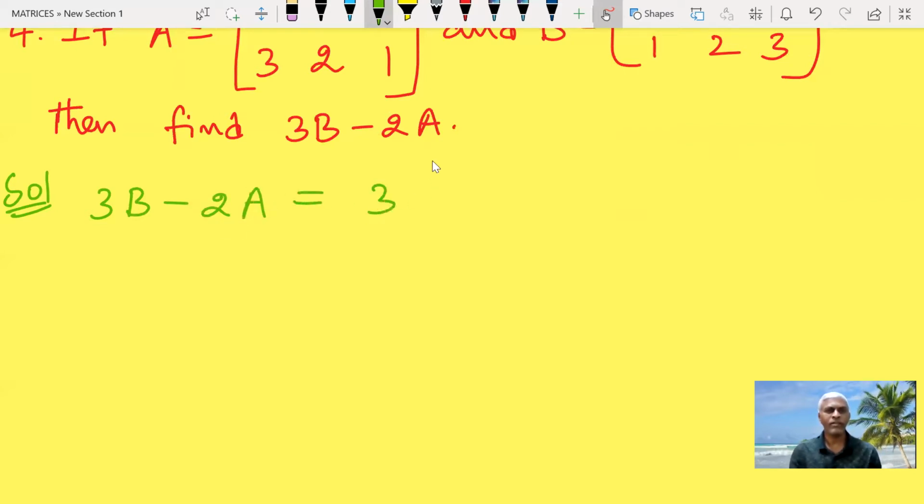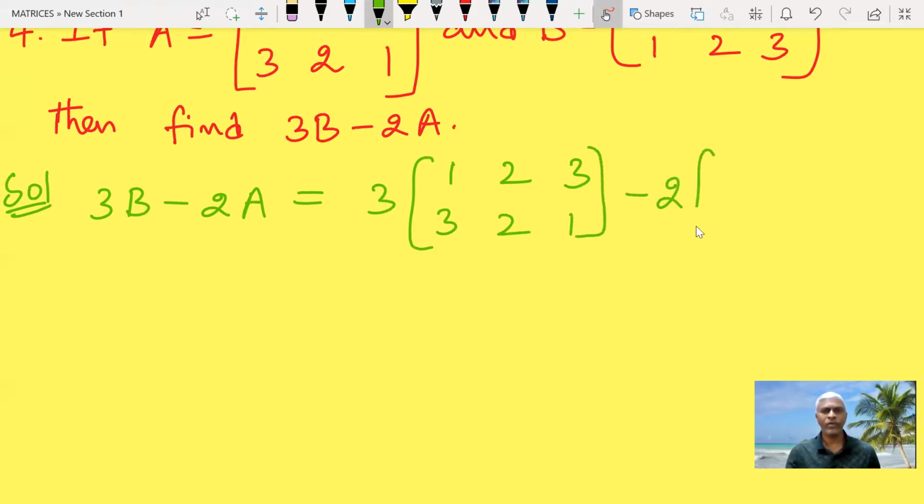Now 3 into the B matrix. What is B? 1, 2, 3 and 3, 2, 1. I am writing as it is. And 2A, 2 into the A matrix: 3, 2, 1 and 1, 2, 3.